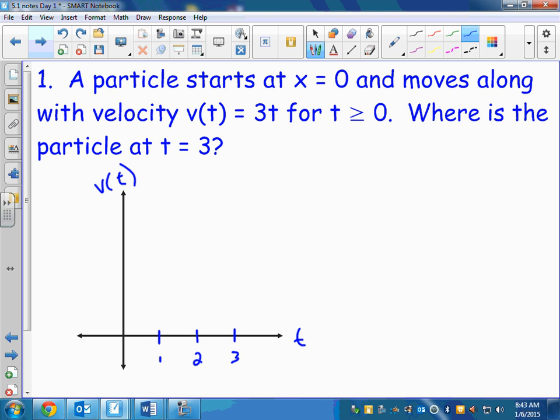And you can graph this however you want. That's just a linear function. Do you agree with that? So if you want, you could just graph the y-intercept and a slope of 3 over 1, or you could just plug in numbers like at 0. You agree I'm at 0, and at 1 I'm at 3. I like to think the biggest I'm going to be. At 3 I would be at 9. Do you agree with that? So I need to go to 9 on my y-axis, or label by however you want. Label by 3 if you want to.